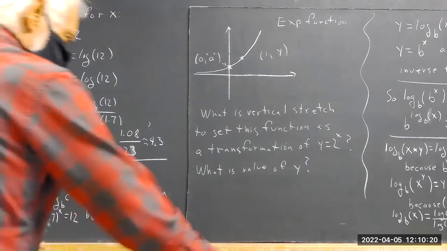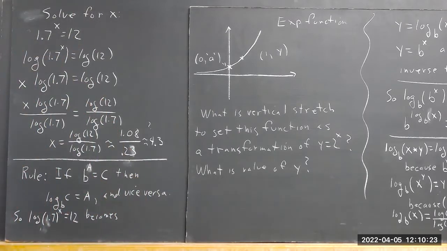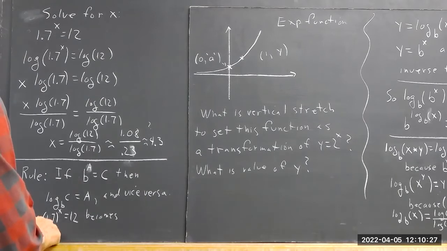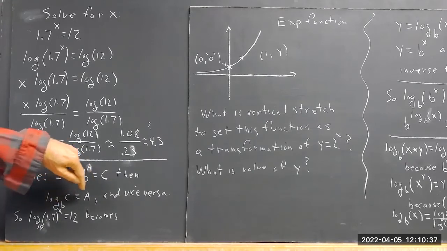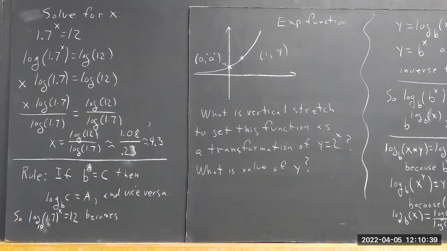Okay, log means log base 10. But in order to apply these rules, we've got to have a base. So we're going to have to write the 10. Okay. So in this form, what's B, what's C, and what's A? Write it down on your paper. C equals, B equals, A equals.